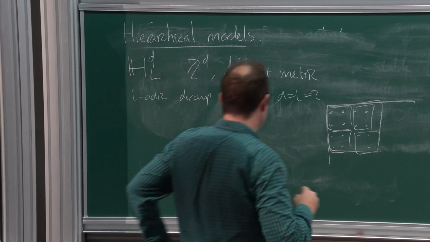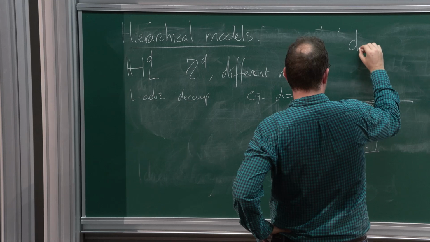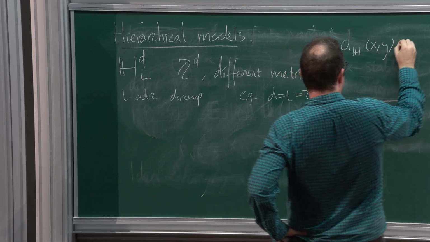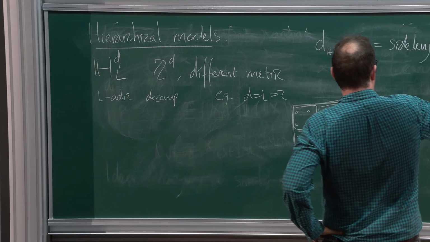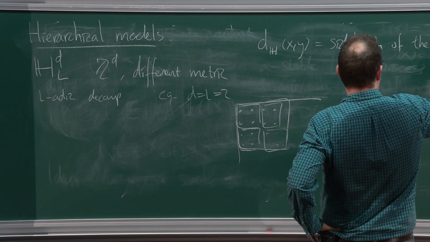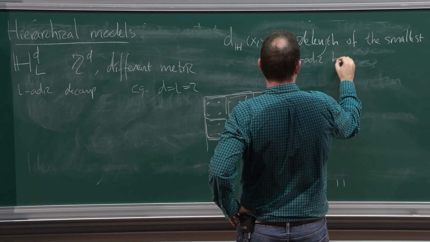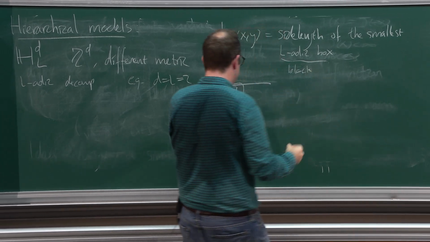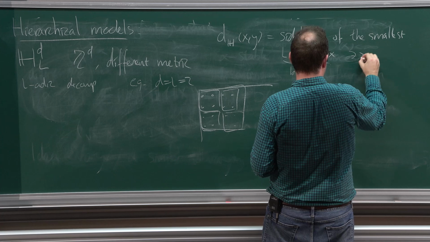And so we'll define the metric to be the side length of the smallest box, we'll often call this a block, so this means the distinguished boxes in the decomposition containing both points.